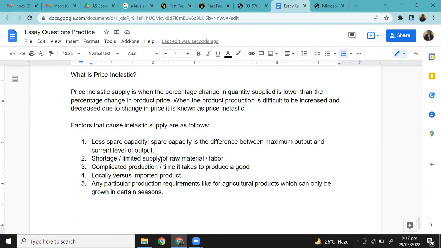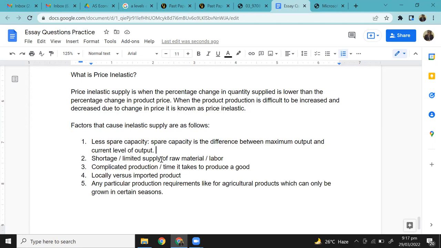Now the idea is that if you have less spare capacity, I'll give you an example with the help of a real life scenario. There are two hotels with 1,000 rooms each, right? In one hotel already 900 rooms are booked, so it has only 100 spare rooms to rent out to customers.